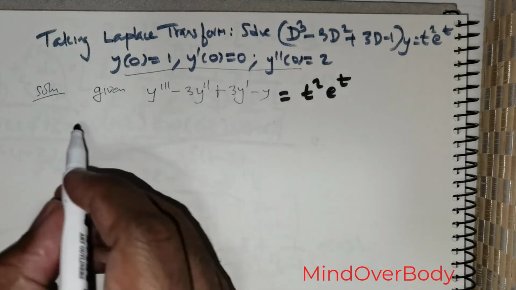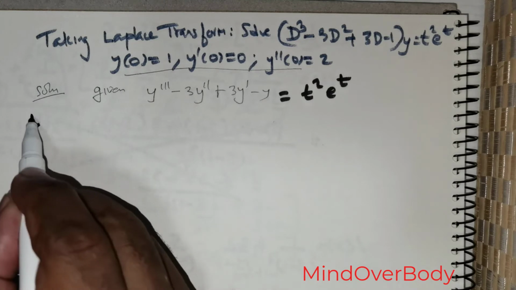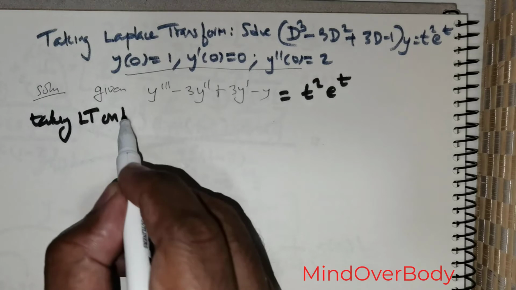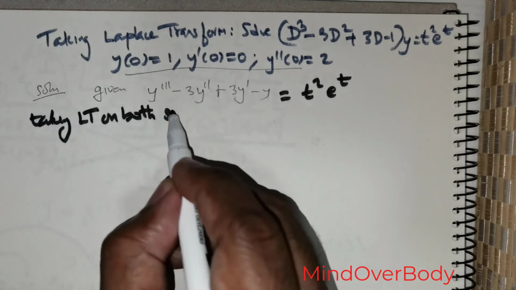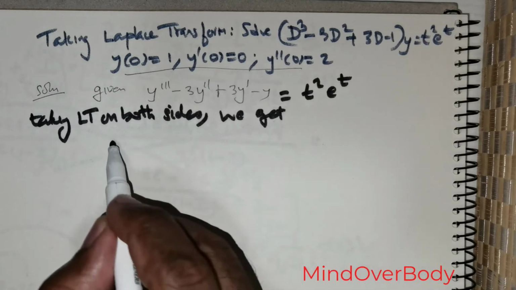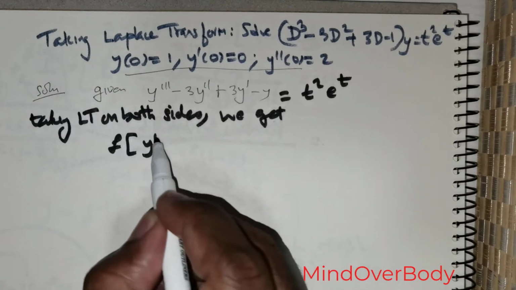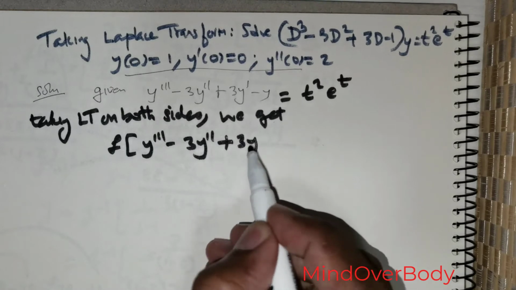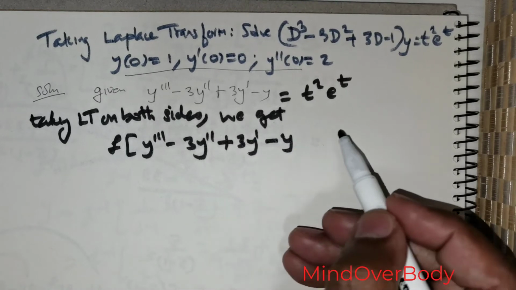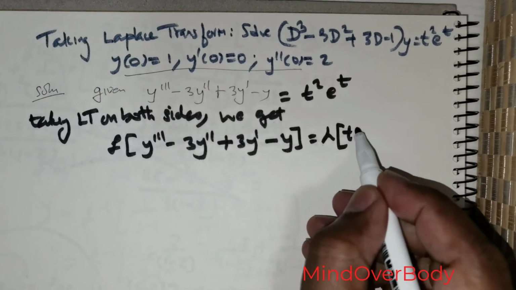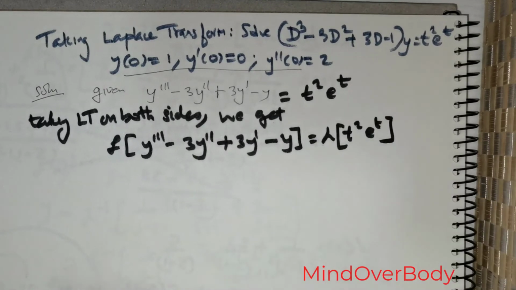Right, now I'm going to be taking Laplace transform on both sides. We get, so what do we get? We get L of y triple dash negative 3 times y double dash positive 3 times y dash negative y is equal to L of t squared e raised to the power of t.